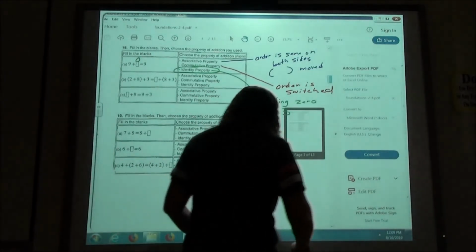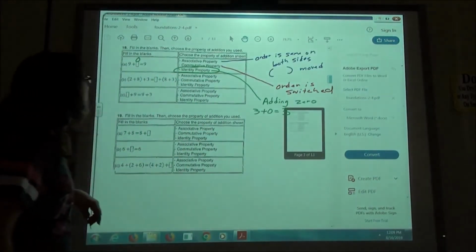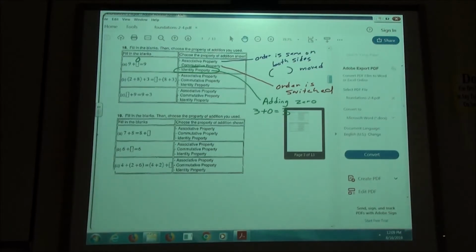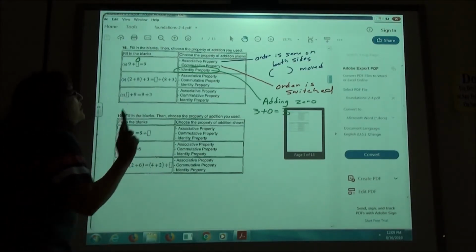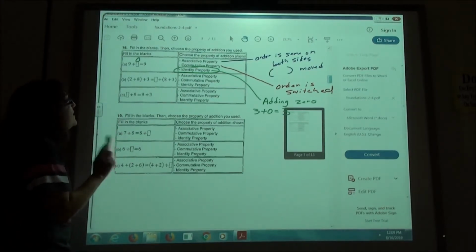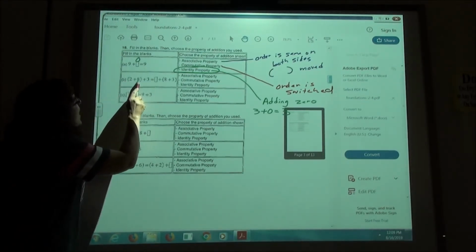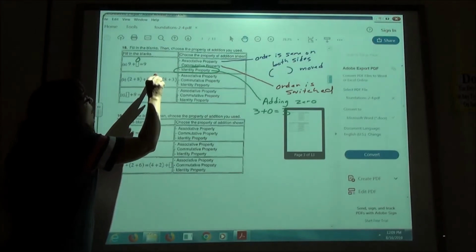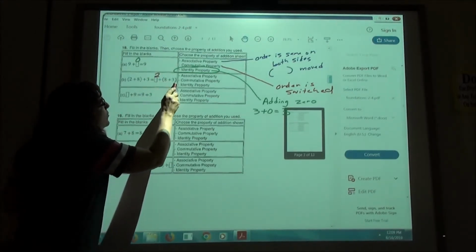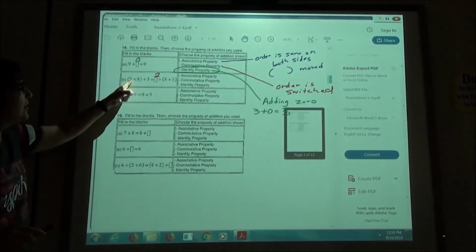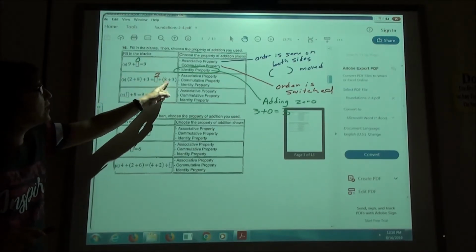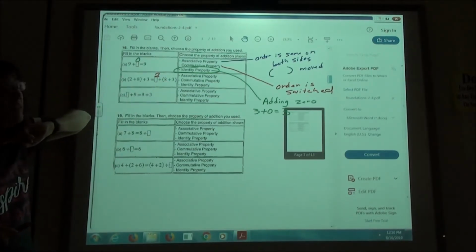The next one, you look at that and say, okay, it's got parentheses. If it has parentheses, it's probably the associative property, but let's just double check. If it's the associative property, the order on both sides has to be the same: 2, 8, 3. So this would have to be 2, 8, 3. Notice here the parentheses are around the first 2. Over here they're moved around the second 2.